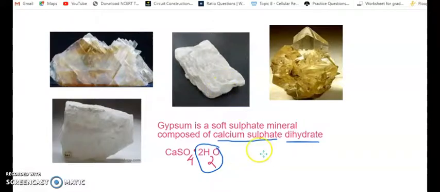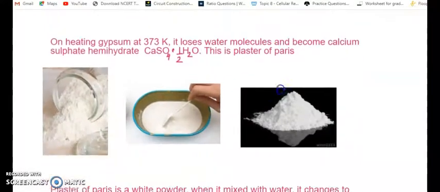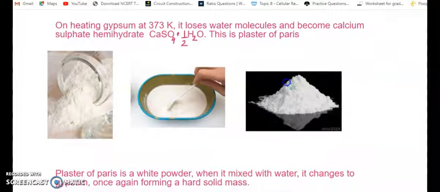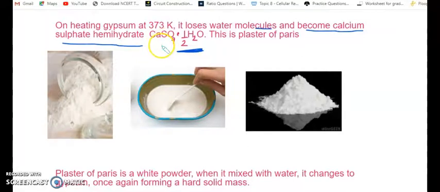Now, when gypsum is heated at 373 degrees Kelvin, it will start losing water molecules and it becomes calcium sulfate hemihydrate. It is going to lose 1.5 molecules of water. There were 2 molecules, and while heating, 1.5 molecules will get evaporated. How? I'll explain a little bit later. So only half a molecule of water is combined physically with calcium sulfate.